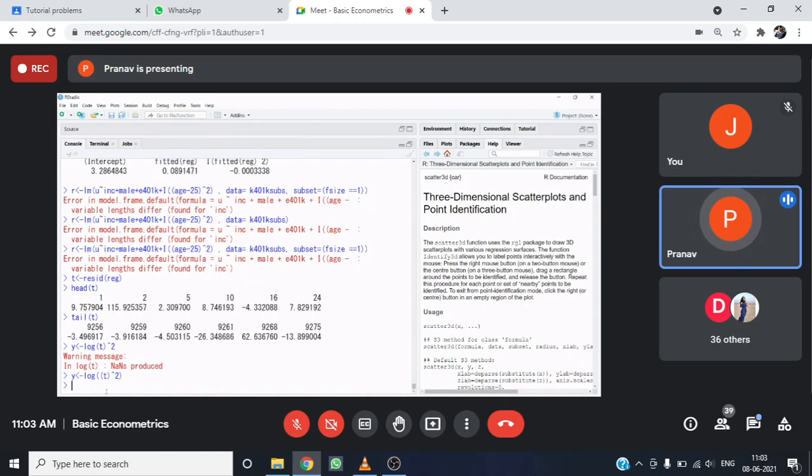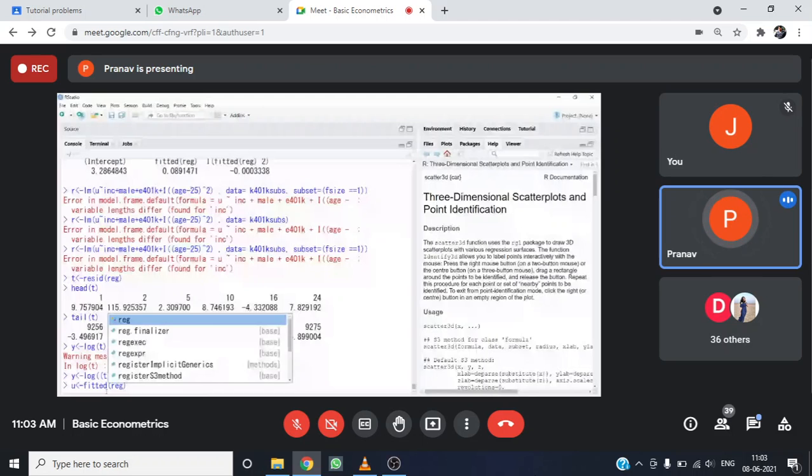Now I run a regression of log of ui square against the fitted values from the regression. So I define a new variable where I get fitted values from the original regression. This will give me the fitted values of the regression, correct?